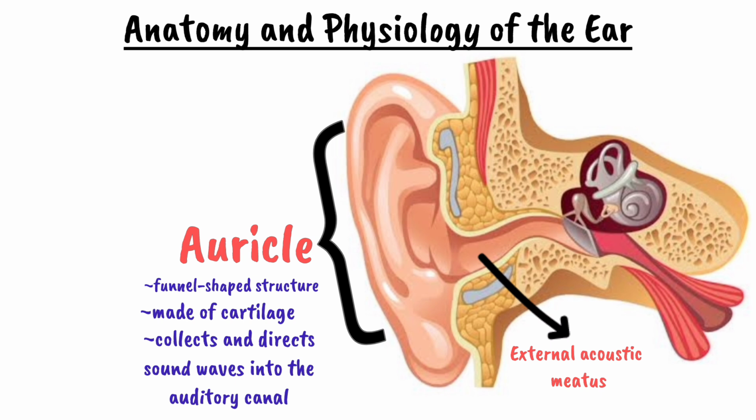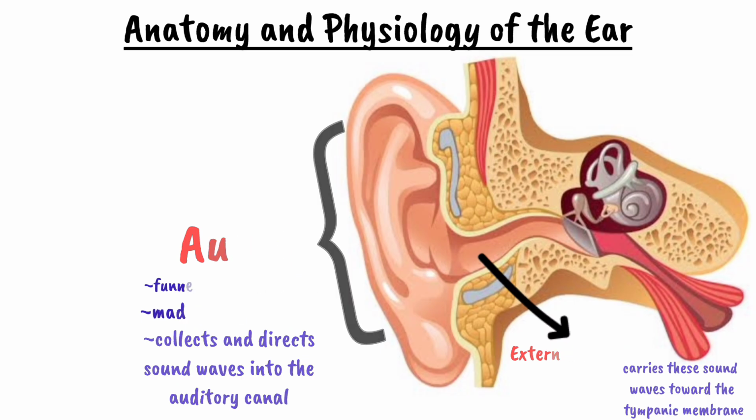Now, the auditory canal is a tube that carries these sound waves towards the tympanic membrane, which is also called the eardrum. Now, the tympanic membrane vibrates in response to sound waves, making the transition between the outer and the middle ear. Now, let's talk about the middle ear.